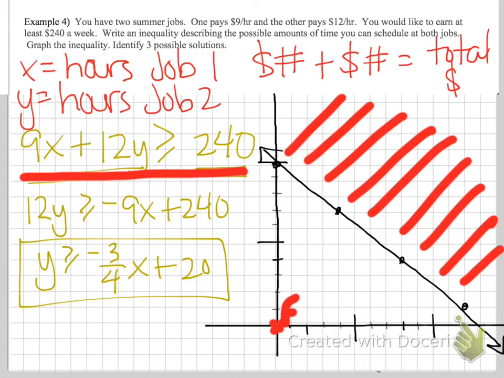And so now to identify three possible solutions, I can basically pick any ordered pair that's in this shaded region, and that would be the number of hours that I could schedule at my two jobs. You need to be careful because obviously there's a limit to the top number of hours that you could work at both jobs. There's a limited number of hours at work, but we would be reasonable and probably be picking numbers relatively close to that line.